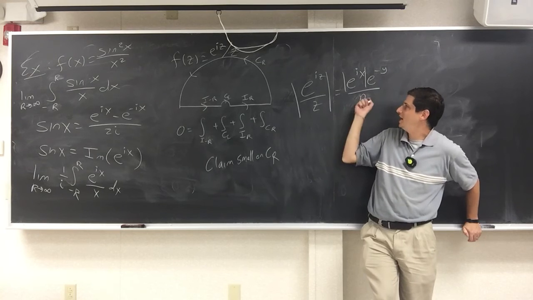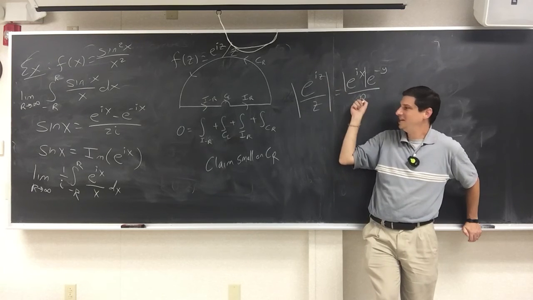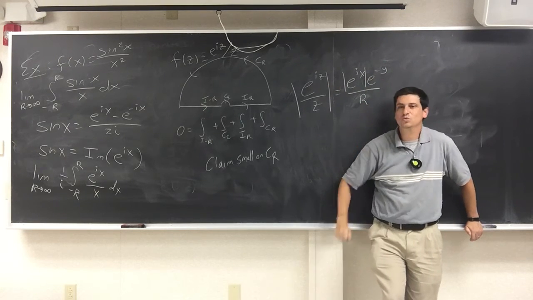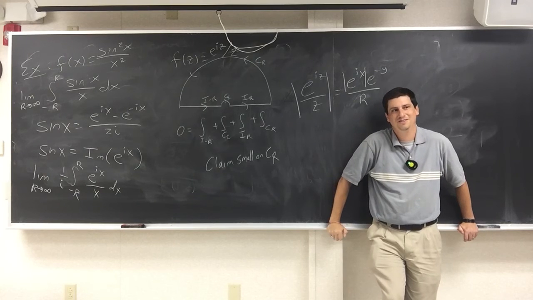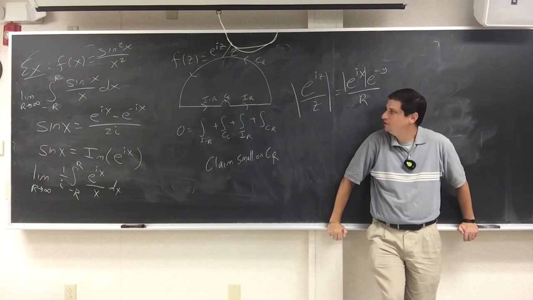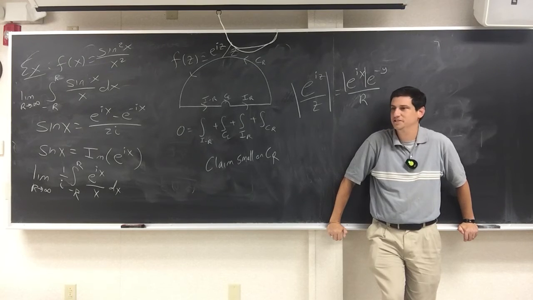Pi R. Crap. The R's cancel, but e^(-y) is not small if y is small. So we have to do a little bit of work to show that it's small on C R. As long as y is ever so slightly large, we're okay.